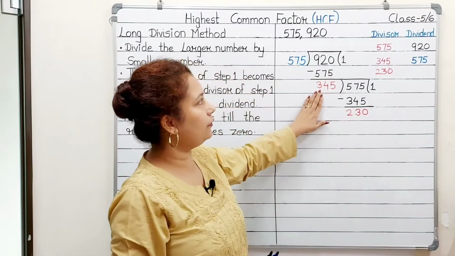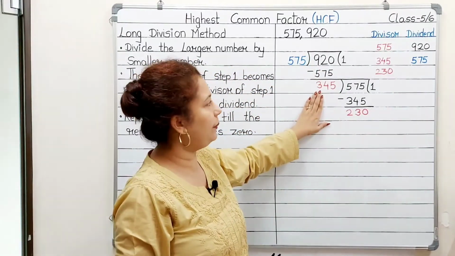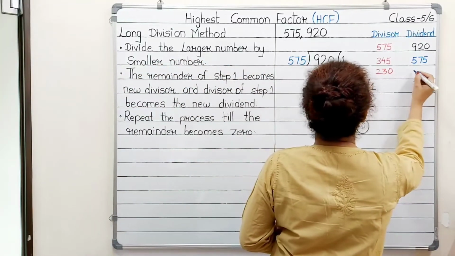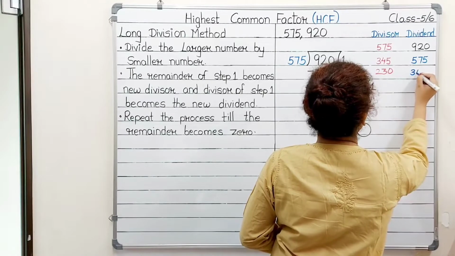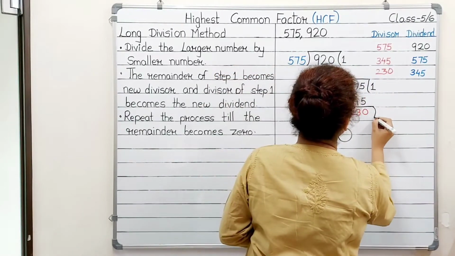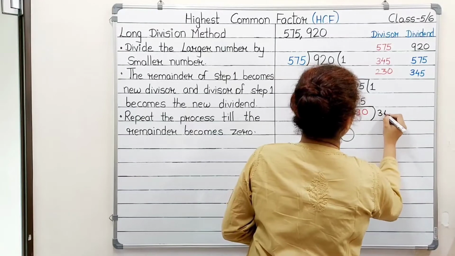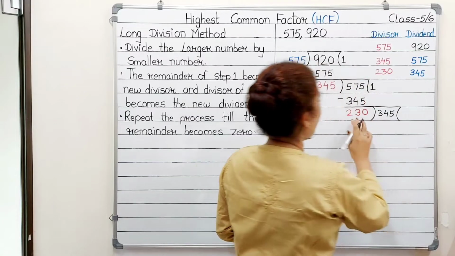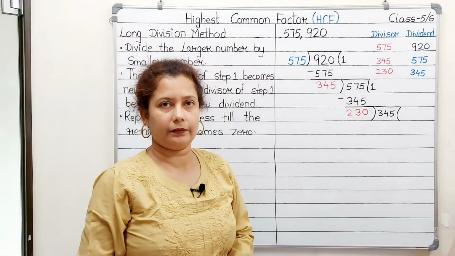And the divisor of the previous step will become our new dividend. So the new dividend will be 345. So we will divide 345 by 230.